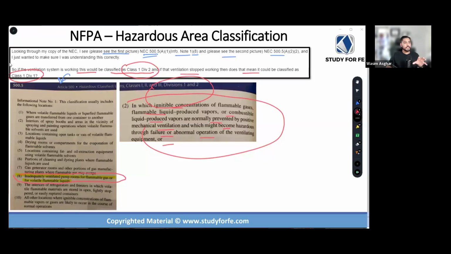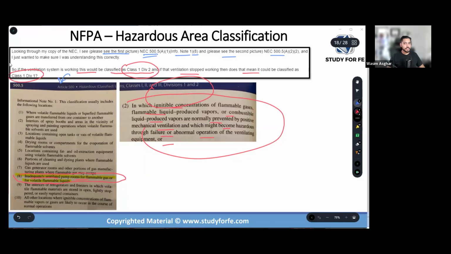So your normal operating condition is that the ventilation system is working, and there are different ways of referencing code sections. Over here we have inadequately ventilated pump rooms for flammable gas or volatile, and you have to look at the broader preamble and discussion around it. So if we have created a positive mechanical pressure ventilation system, that means that under normal operating condition, you don't have these hazards present, right?